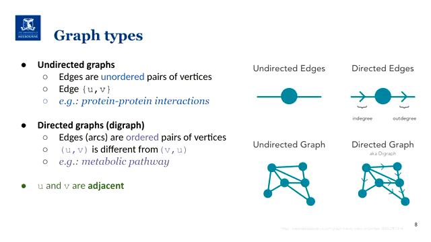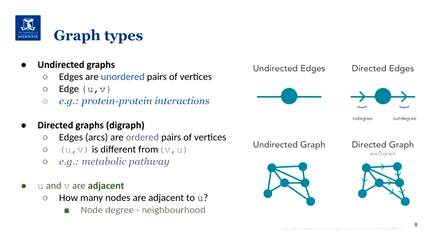And for given 2 vertices U and V, if they're connected, we say they are adjacent. Okay? And we can ask the question then, how many nodes are adjacent to a given node U? And that's another concept called node degree. Basically, I'm asking what's the size of the neighborhood of a given node. That's node degree. And node degree will vary depending on the type of graph you have.